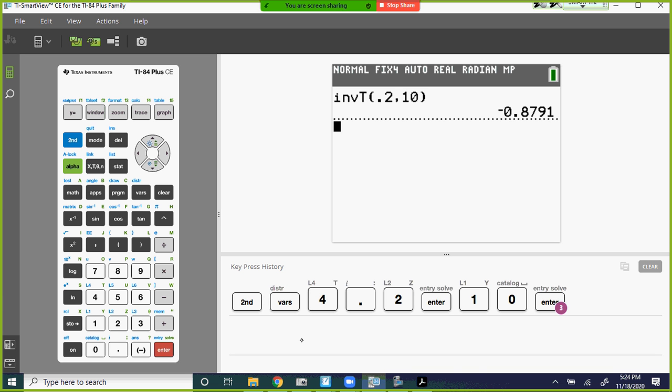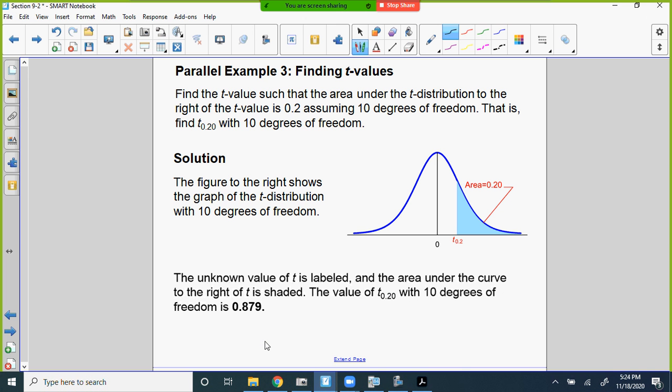Very important little concept right there. You have to know how to read your inverse t. If you're on the left tail, you take it just like it is. If it's on the right tail, then you have to make it positive, because it's going to return a left tail.